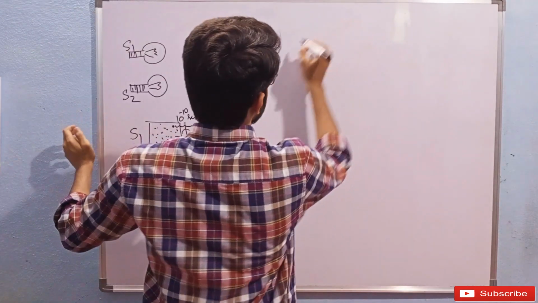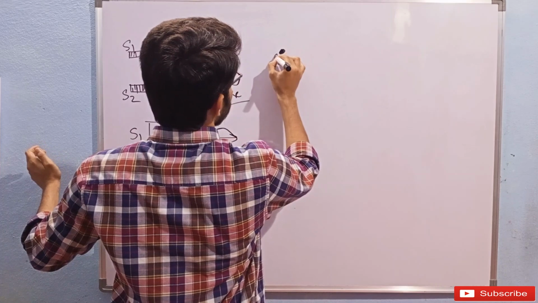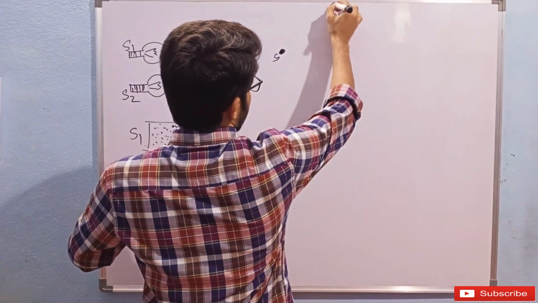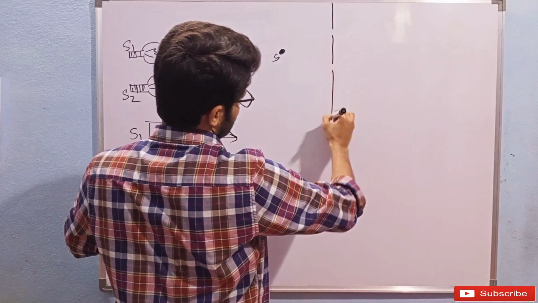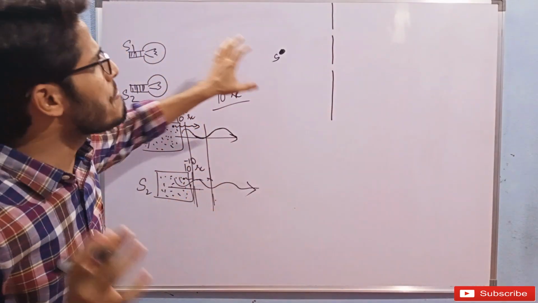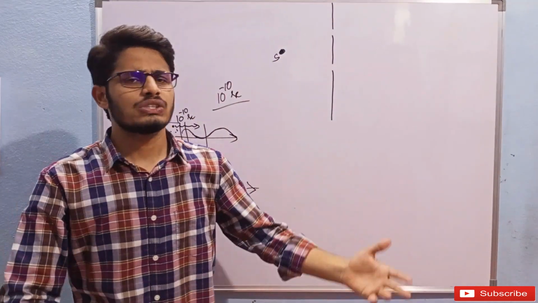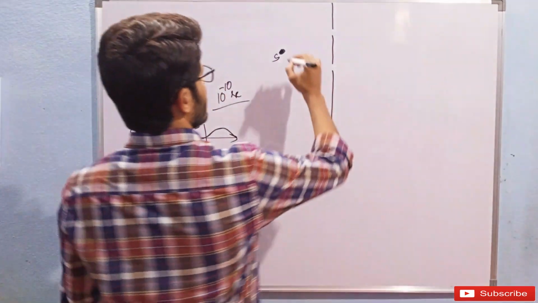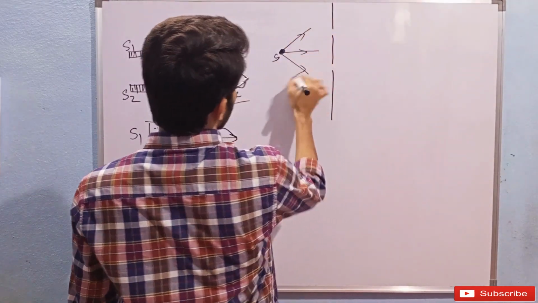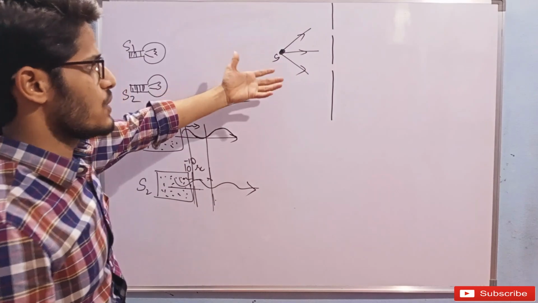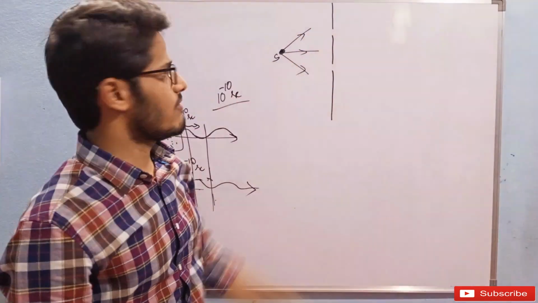He used only a single light source. Let it be S, and we have two slits. This simple setup can give you a coherent light source. How come? It is a monochromatic light source, producing light of a single wavelength.